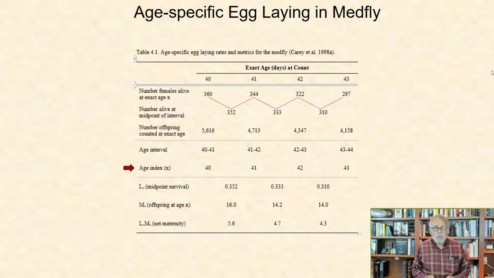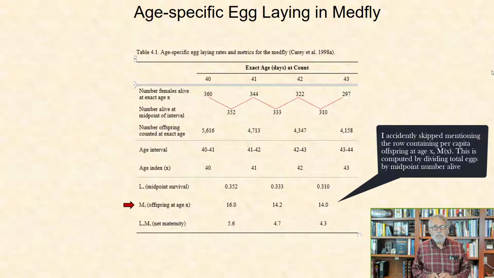The following row is the midpoint survival, specifying, for example, that 352 individuals, or 0.352 of the original cohort of 1,000 flies, were alive at the midpoint of this first interval. Likewise, 0.333 would be computed from the dividend of 333 flies alive at the midpoint interval between 41 and 42 in the initial 1,000 fly cohort.